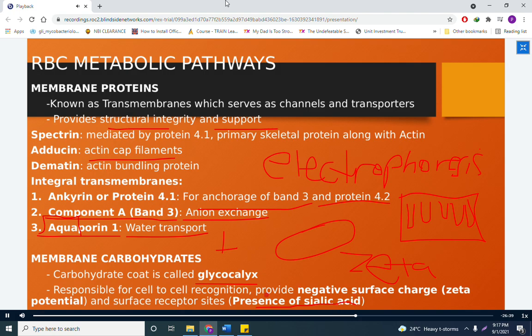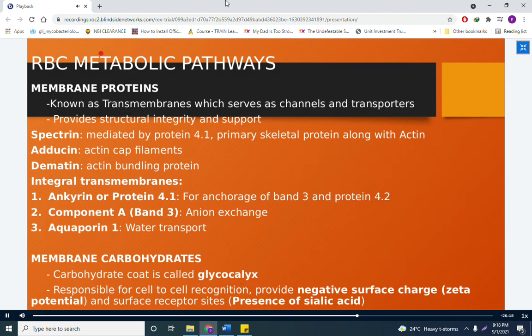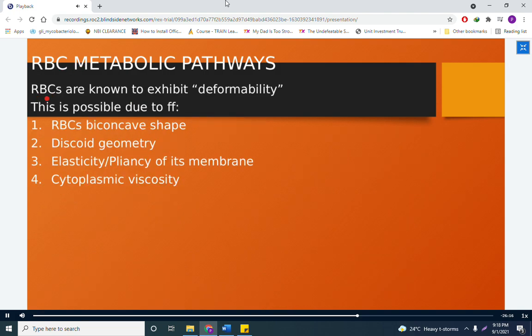Okay? Got it, class? So when asked what causes your zeta potential, the answer is sialic acid. What do you call the negative surface charge in the glycocalyx? It's zeta potential.